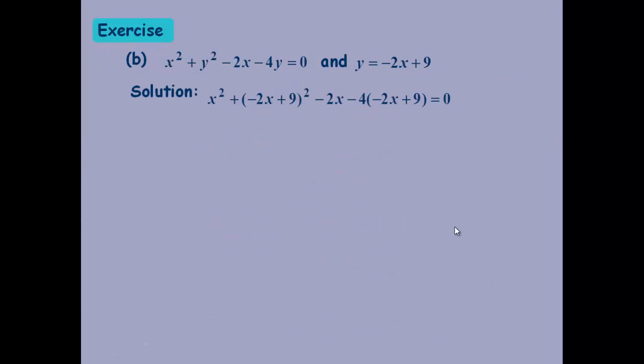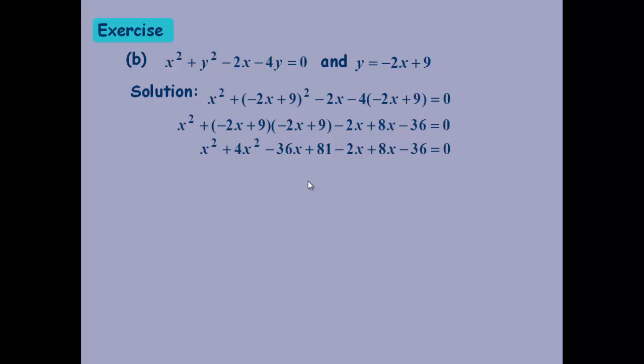Part B, same again, sub in the y value from the linear equation into the circle equation, tidy it up. It's a little bit more complex this time, isn't it? We're then looking to solve this. Let's observe the discriminant. We get 0, so that suggests a tangent.